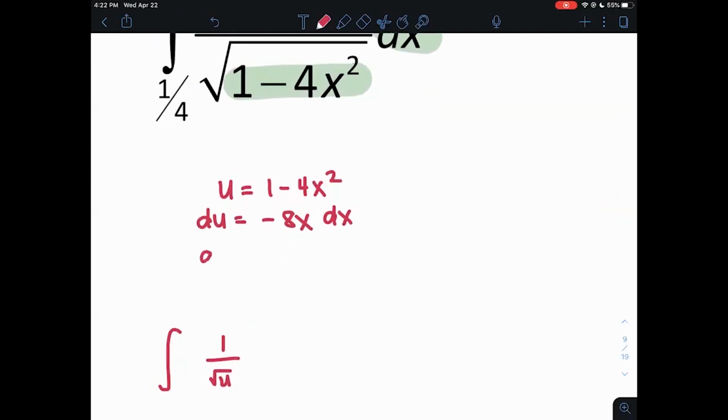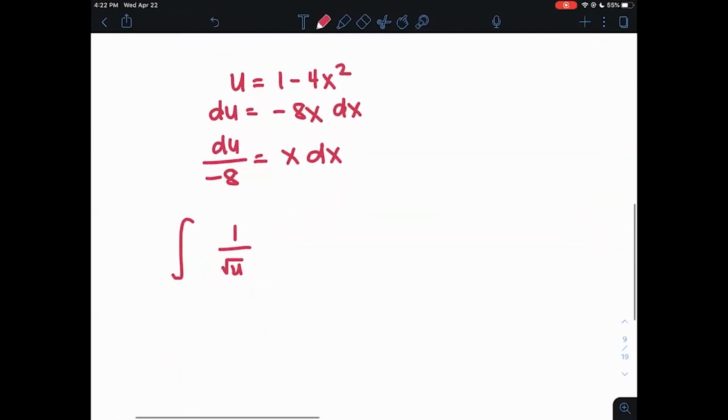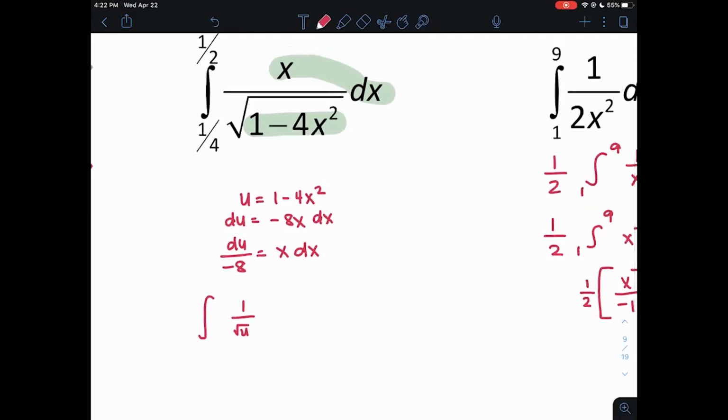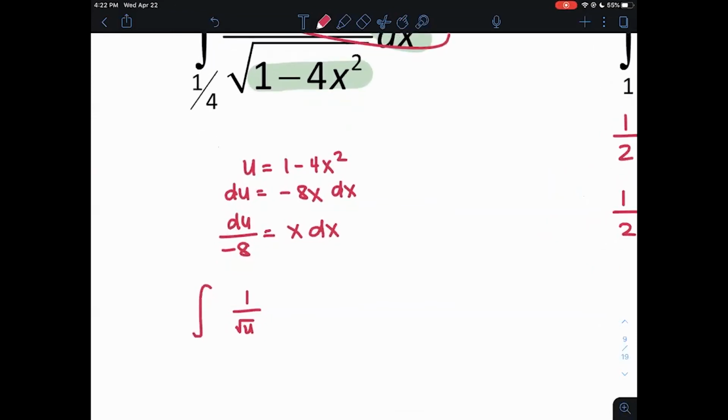Let me divide by the negative 8. So now I can replace this x dx in the original by du over negative 8, and I'm going to pull out the negative 1 over 8. And now I have this function here.